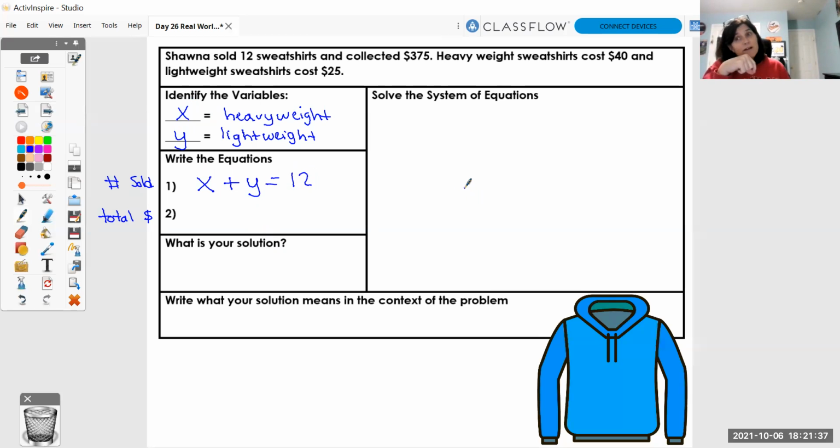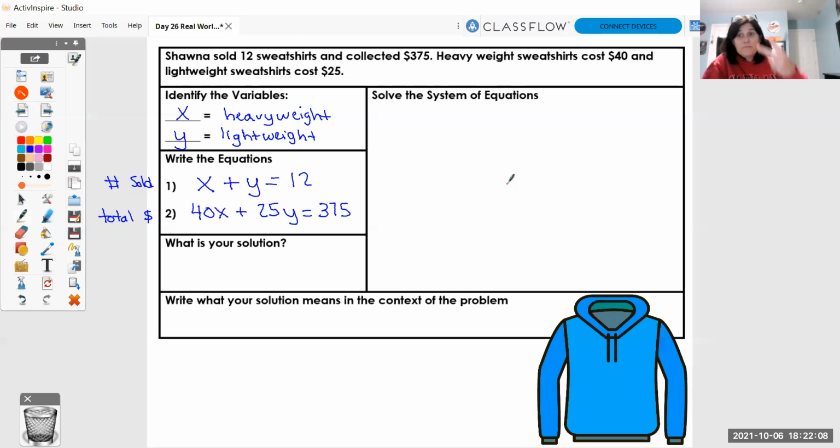The second one is about the total money that we earned. So she sold 12 sweatshirts. We don't know how many of each, but she made $375. And we know that our heavyweight sweatshirts cost $40 each, and our lightweight sweatshirts cost $25 each, for a total of $375.